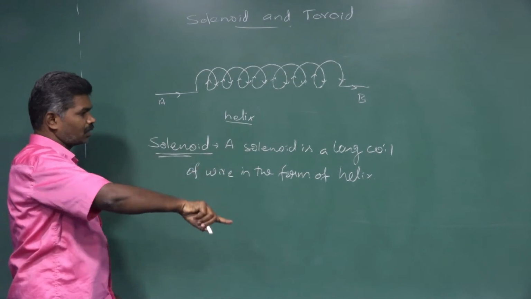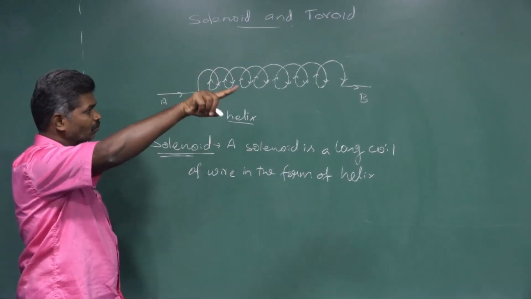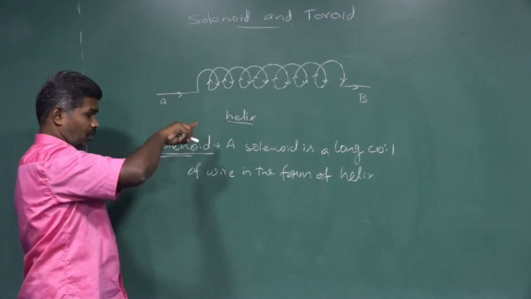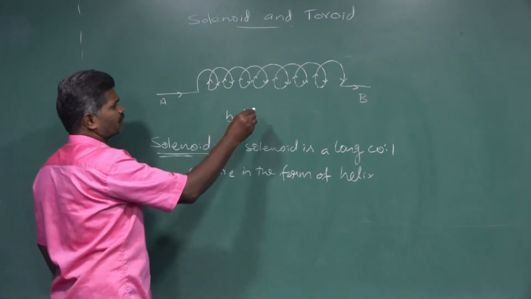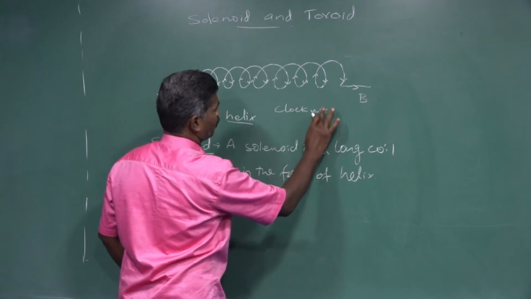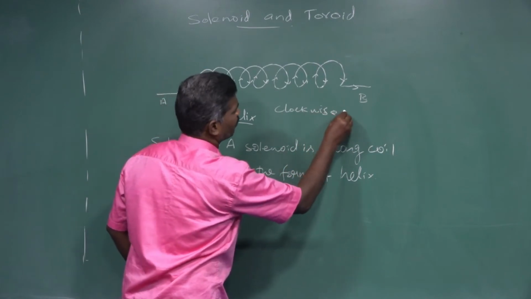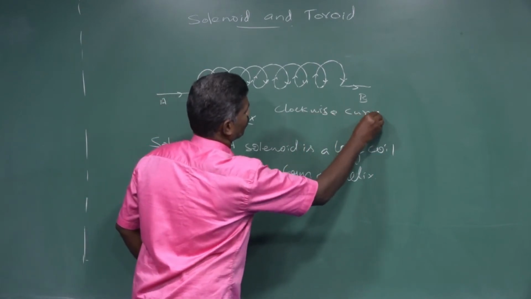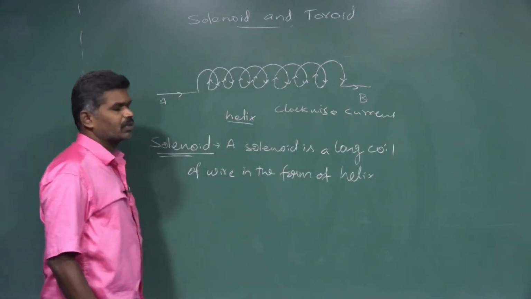The current is flowing in this direction, so the current through that coil is clockwise. Here the current flow is clockwise.